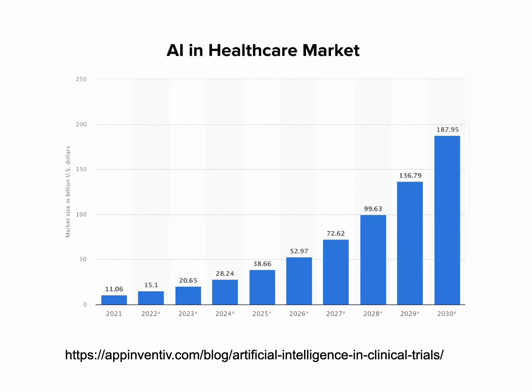So let's first go over artificial intelligence in the healthcare market. Here you have different bars from the year 2021, and you have the estimation up to 2030, where we are talking about the market size in billions of US dollars related to the applications that we are going to buy or use in the healthcare market.